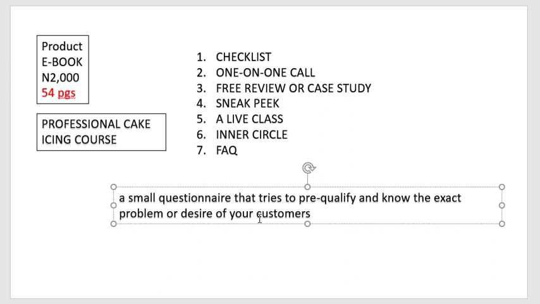It's just like when you go to the hospital and get admitted, there's a small questionnaire they give you. How old are you? What are the symptoms? What do you feel? When last did you get this? When last did you get that? Similar questions. So one of the helps of a checklist is that it makes your clients know that, okay, for you to be asking these questions means you really have an idea of what the problem is.